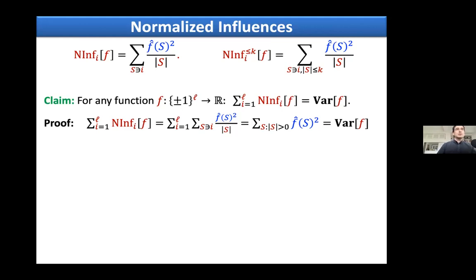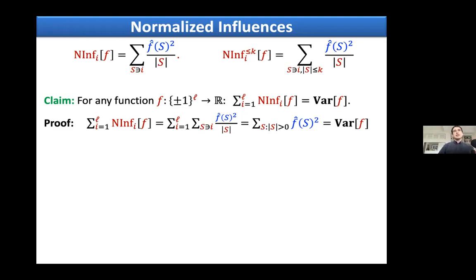When you sum up all the normalized influences of a function, now thinking of functions from the cube to the reals, this equals the sum of squares of the Fourier coefficients over all non-empty sets. Because every set contributes its cardinality multiplied by 1 over its cardinality to this sum. So it contributes 1, except for the empty set that doesn't contribute at all.